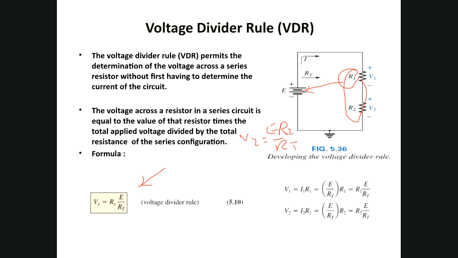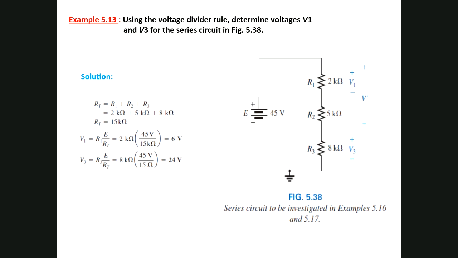We have an example to apply the voltage divider rule. I have the total supply of 45 volts, with 2K ohm, 5K ohm, and 8K ohm. What is V1? As we mentioned, V1 equals the source times R1 over the total resistance.